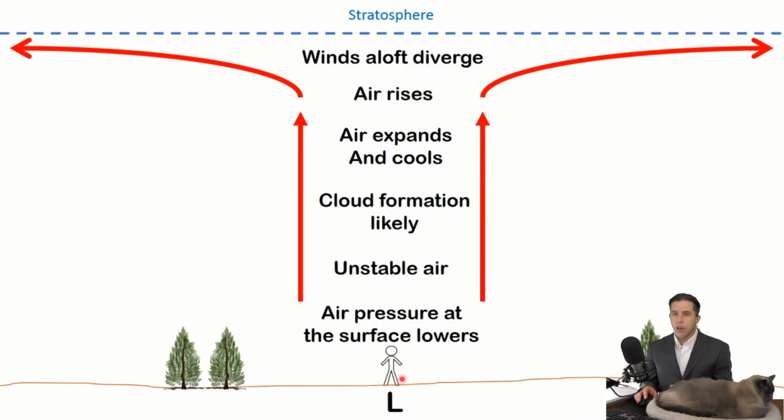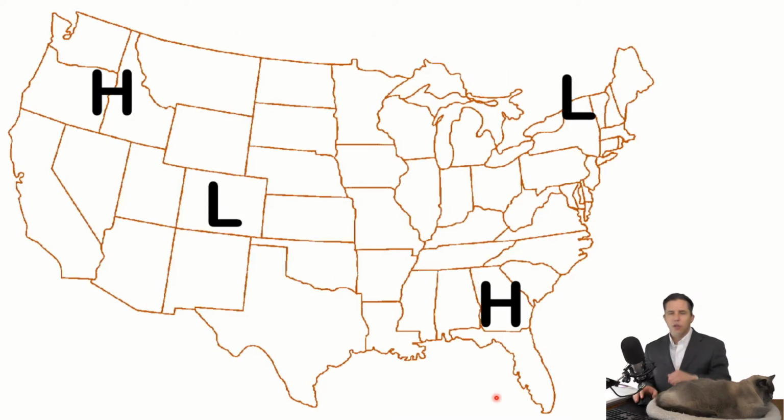But if you had one of those barometers, you'd notice that the air pressure is going down when this process is happening. And so on a weather map, we will put a big L to represent a center of low pressure. And again, this process is much larger than this diagram implies. On a weather map, we will plot H's and L's to look like this.